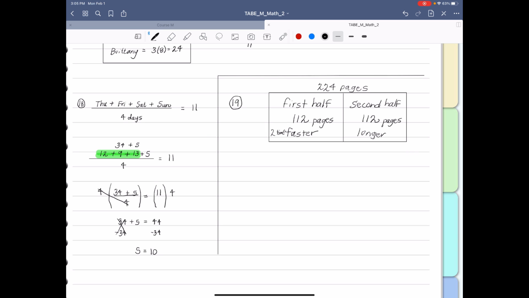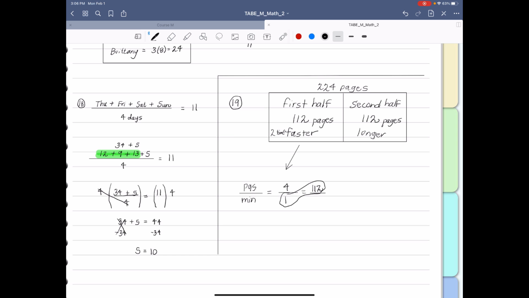So let's focus right here just a minute. This one I can work with because they tell me, and you, that on the first half of the book, Sergio read 4 pages per minute. That's pretty good. 4 pages per minute. And we know that he had to read 112 pages. So let's solve this proportion.